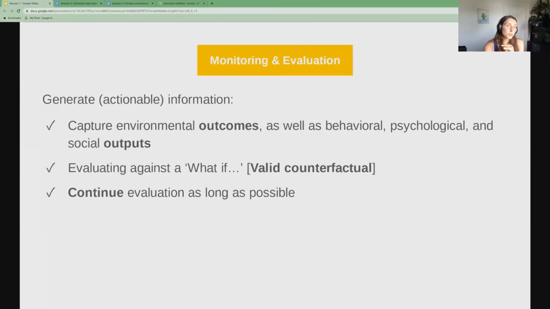An interesting one, which will not be relevant to all of your campaigns, definitely not generally, is that sometimes it is good to prepare with a what if. So the technical term is a valid counterfactual. So that means we compare what happened after we did our intervention with some group that didn't have an intervention.